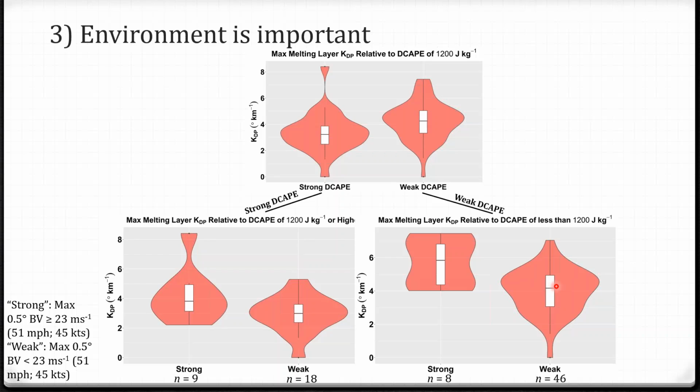And with the weak downbursts, the KDP median is much higher than with weak downbursts in the stronger DCAPE environment. So this could be a way to triage the storms. In a similar environment, if you see a stronger KDP core, you might have more confidence that the storm is going to not only produce a downburst, but perhaps a stronger downburst as well.